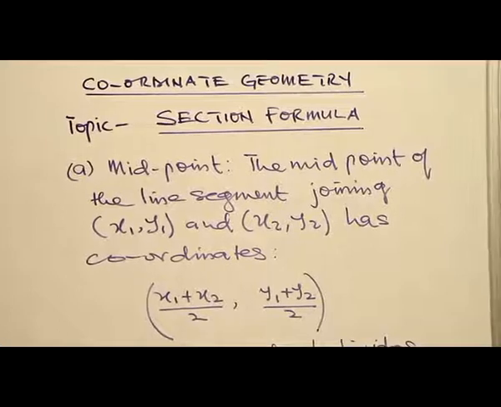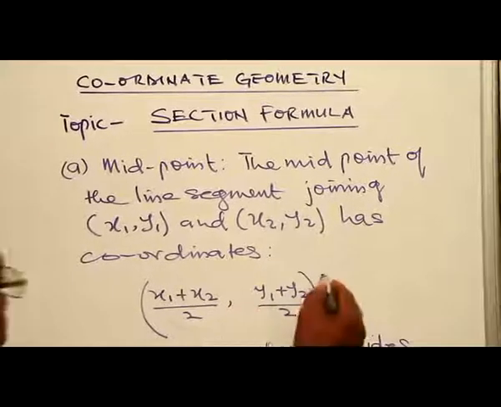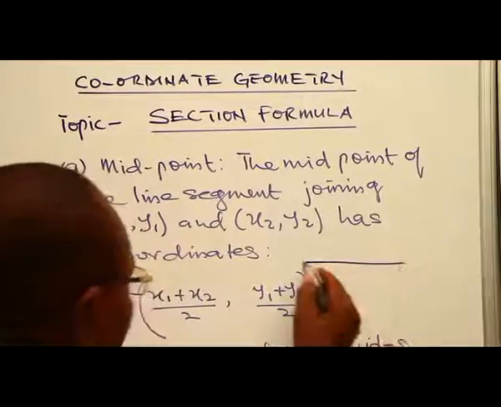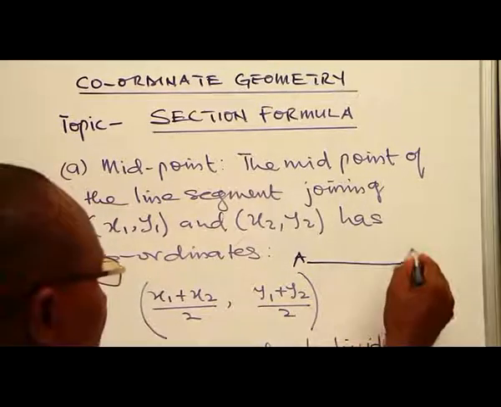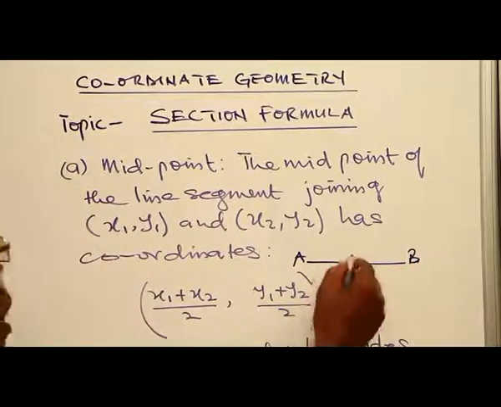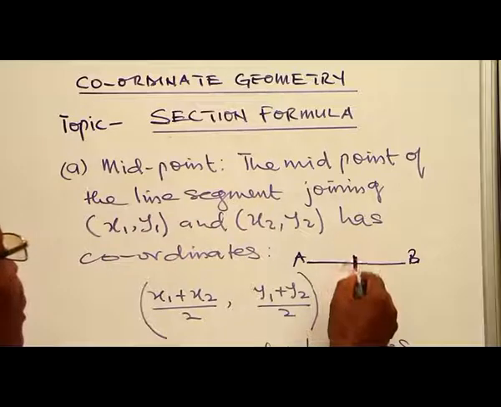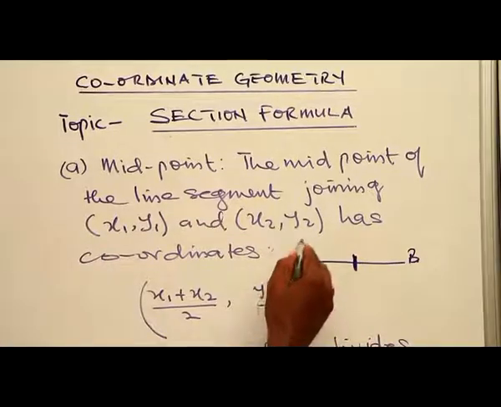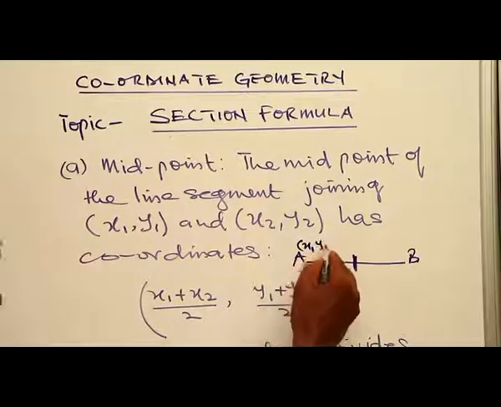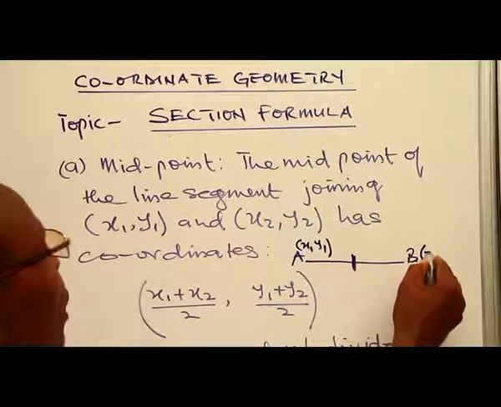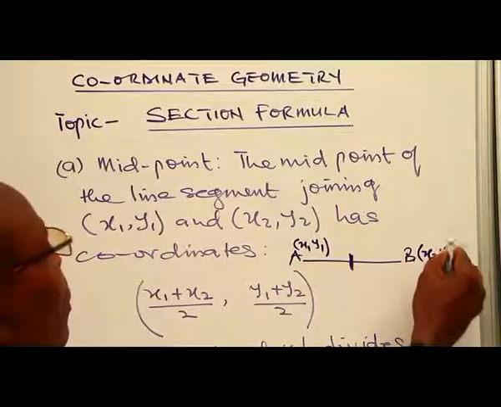What we are saying in essence here is that if you have a line segment AB, the coordinates of A are (x1, y1) and for B we have (x2, y2).